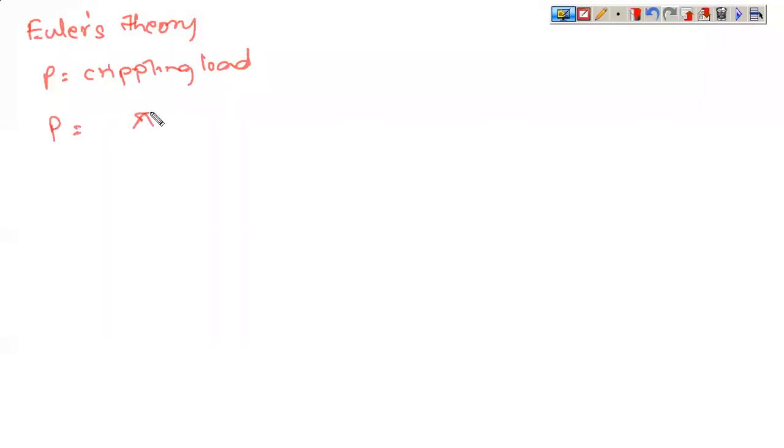now the basic equation for Euler's theory. Euler's theory says that P, which is the crippling load, is given by pi square EI by LE square.